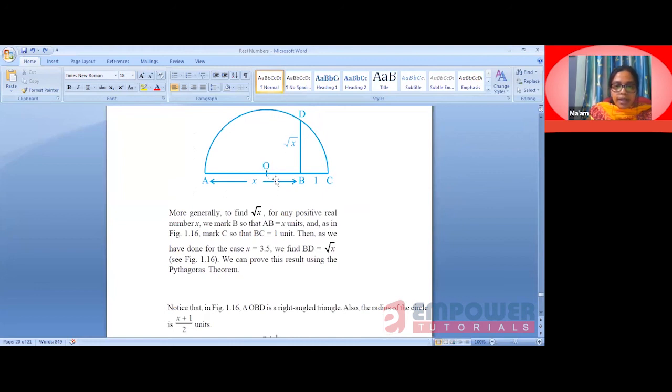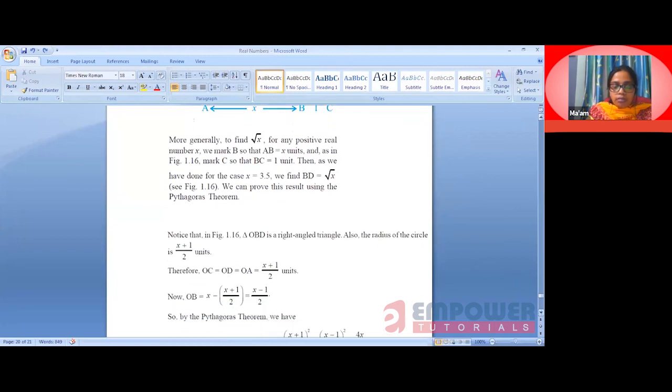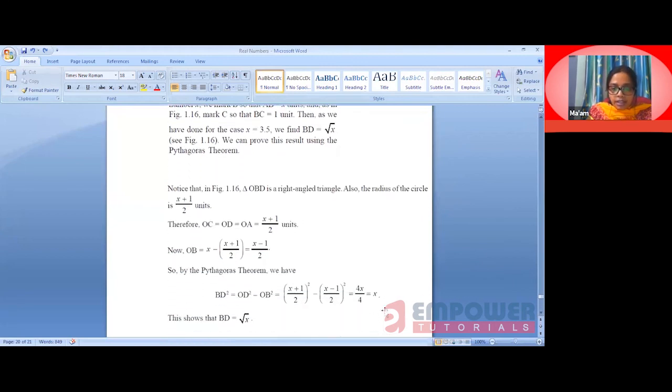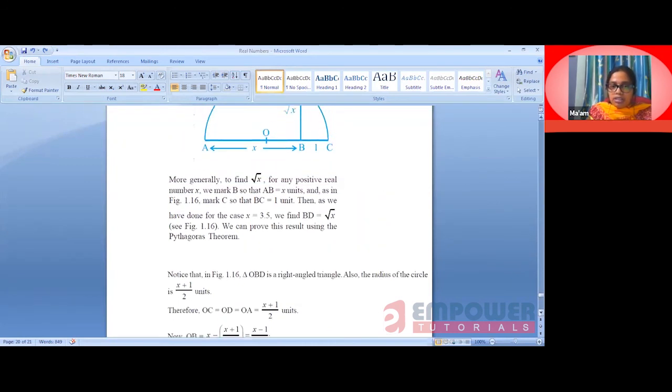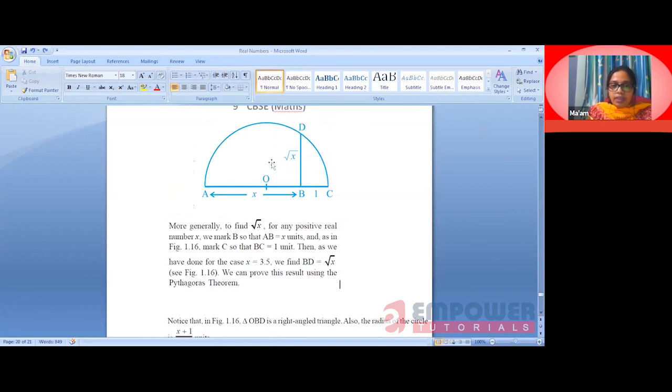OD square minus OB square. We know the value of OD. OD is the radius of the circle, that is x plus 1 upon 2 square. And the value of OB is x minus 1 upon 2 square. We found out the value of OB, right? After solving this, I will get BD square is equal to x. So the value of BD is equal to root x. Everyone understood this? Why is this value root x?